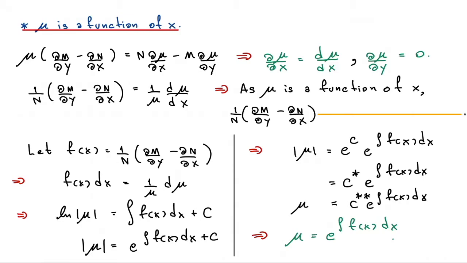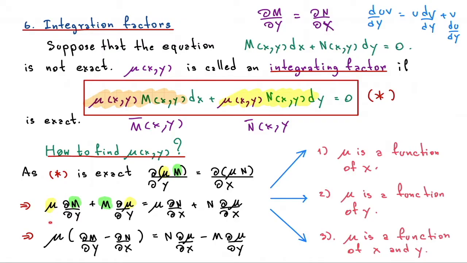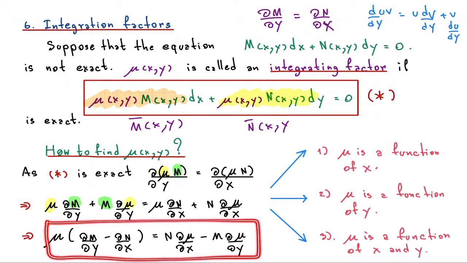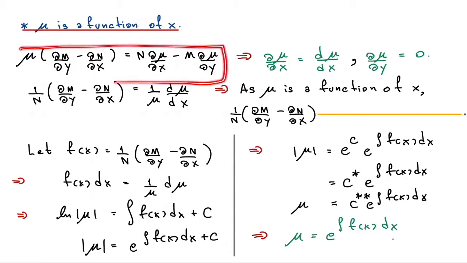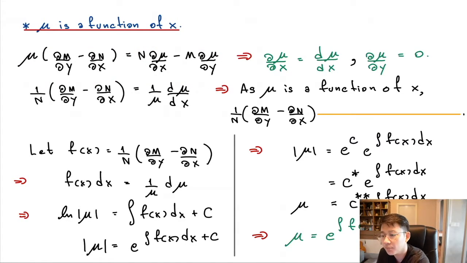Here this guy is nothing but this, literally copy and paste. So in the case where mu is a function of x, we have that the partial of mu by x is the same as d mu by dx, right?